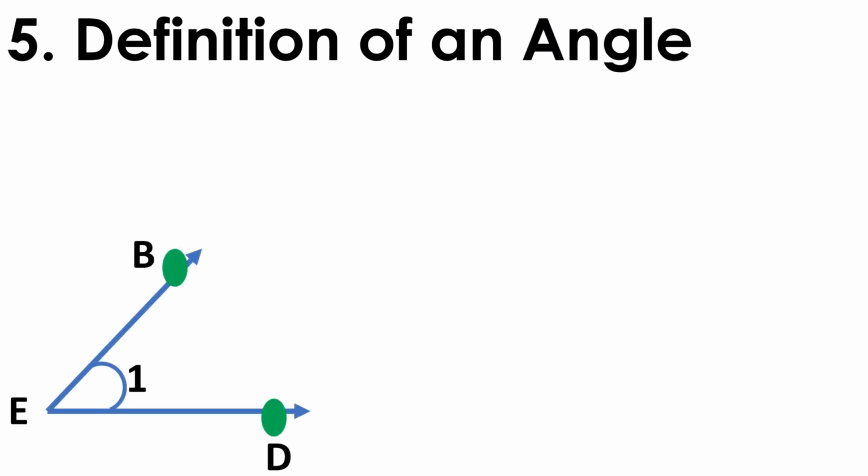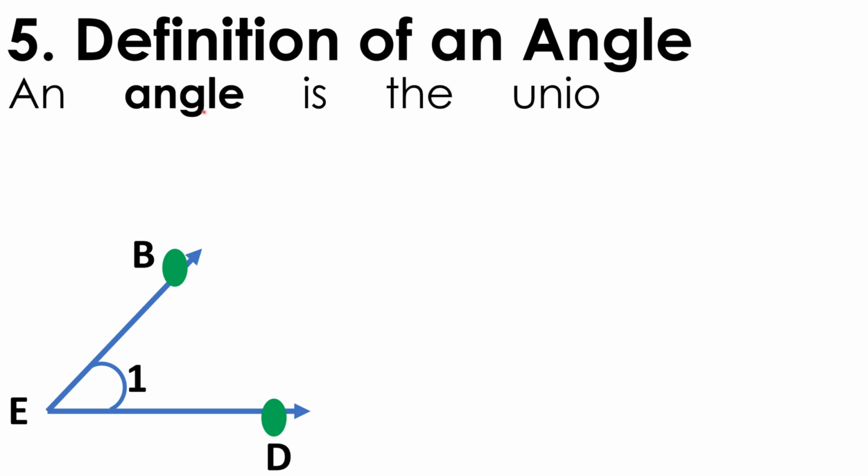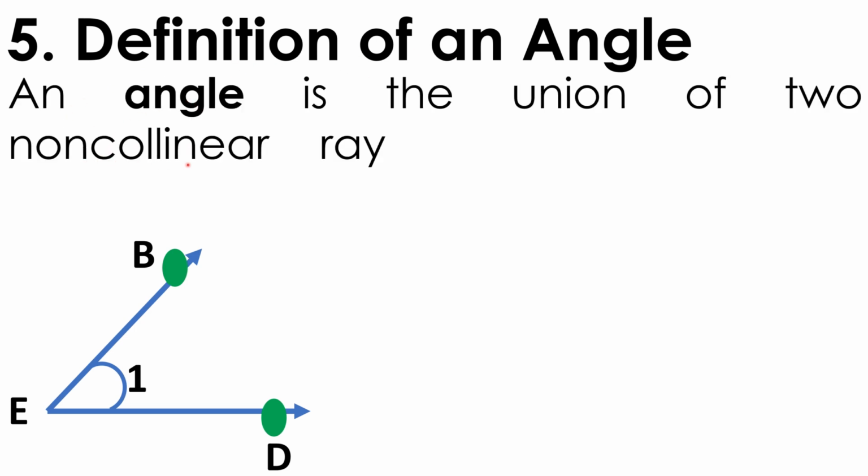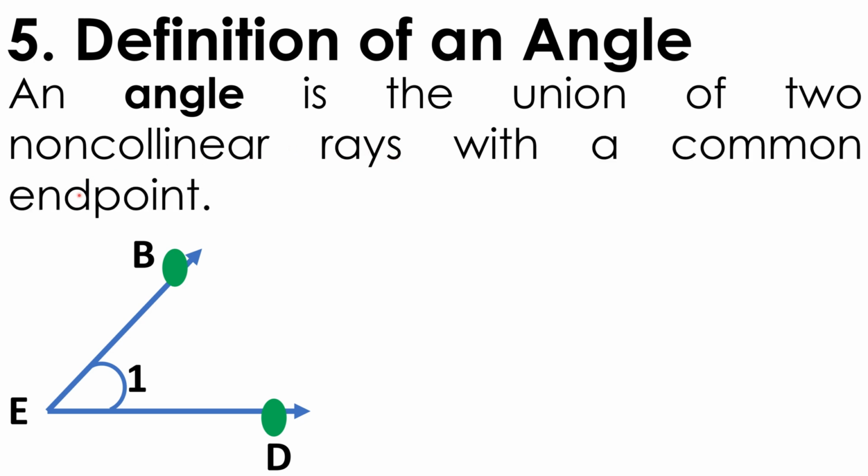And the fifth definition is what we call the definition of an angle. An angle is the union of two non-collinear rays with a common endpoint. So I have here the figure. We have here ray EB and ray ED.